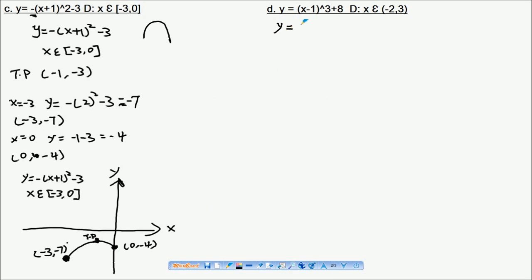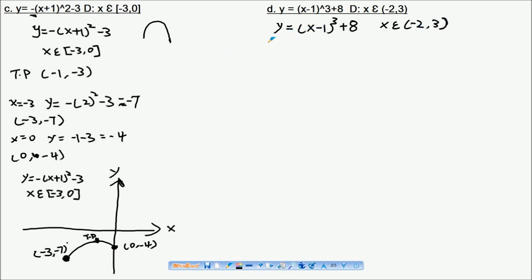Y equals (x minus 1) cubed plus 8, and the domain is x belongs to from minus 2 to 3, and both ending points are not included because of the round brackets there.